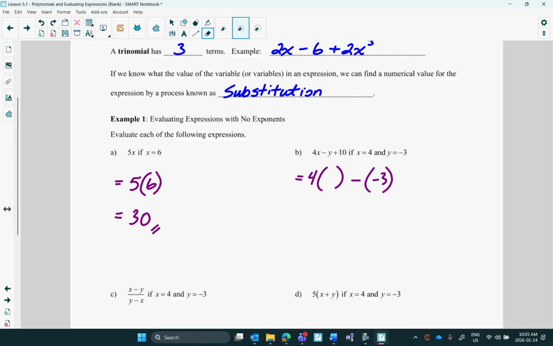Got it. I should have replaced it with 4. Thank you. Plus 10. 4 times 4. This changes to positive. So I got 16 plus 3 plus 10, 29.